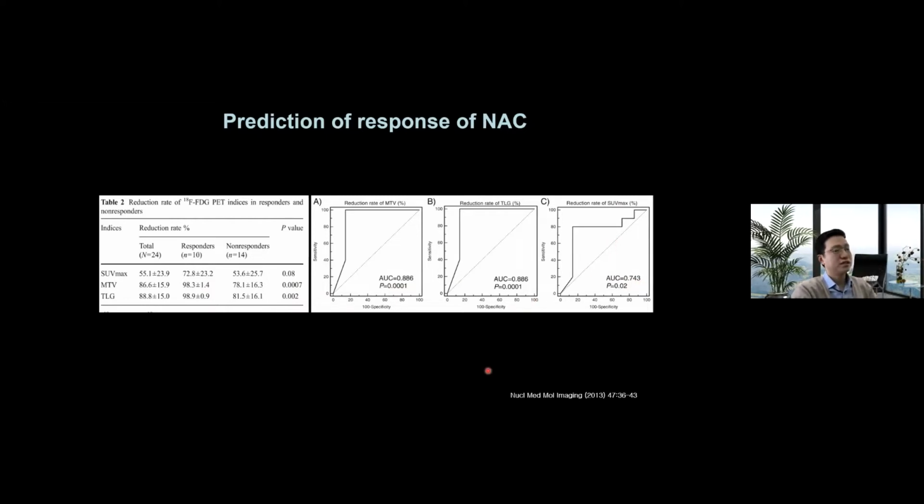So in this study, we couldn't evaluate the survival rate itself, but we compared the responders and non-responders after neoadjuvant chemotherapy to show that FDG PET parameters were useful for predicting the treatment response.